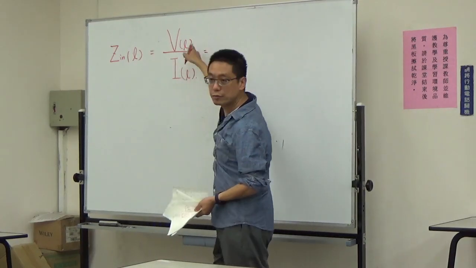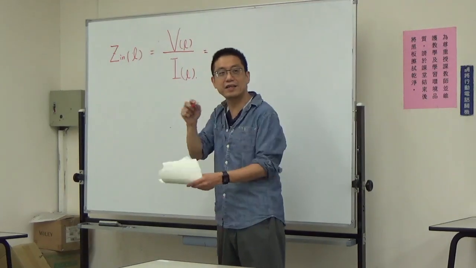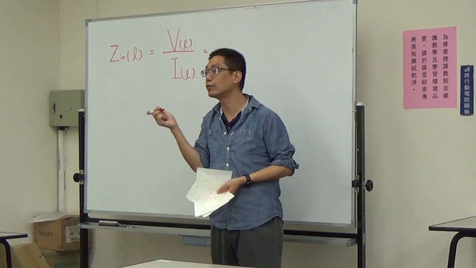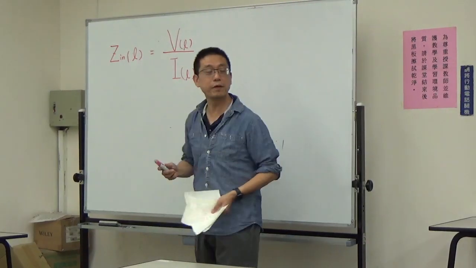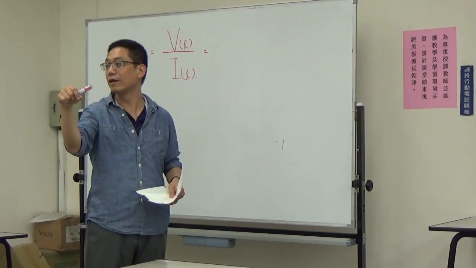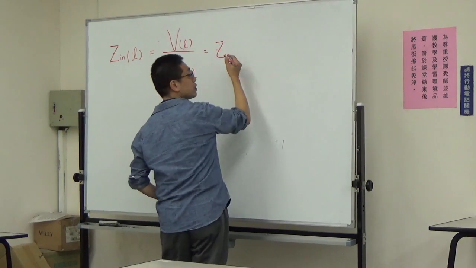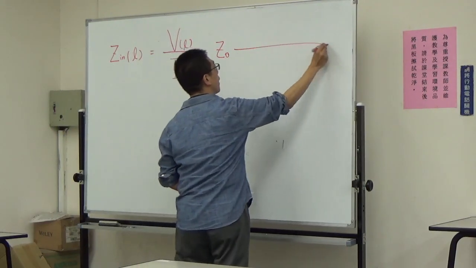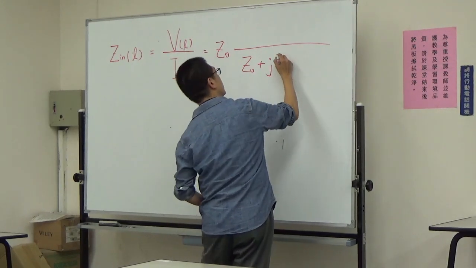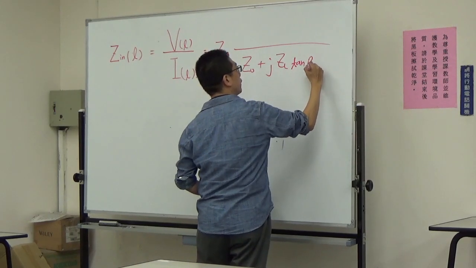We derived this one last week. Maybe you guys remember, I wrote down many things. You can find the details about how to derive these equations; simply put everything inside and do the simplification, right? Okay, so what is that? It is Z0 multiplied by (ZL plus j Z0 tangent beta L), and then divided by (Z0 plus j ZL tangent beta L).